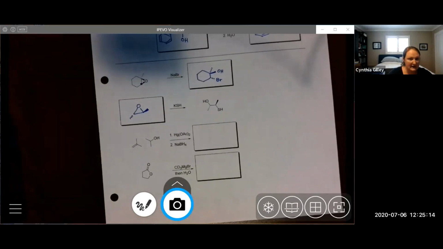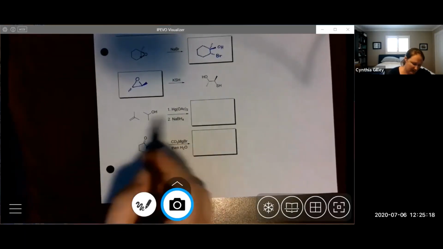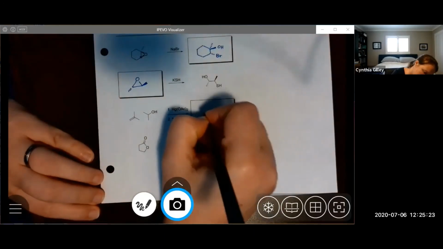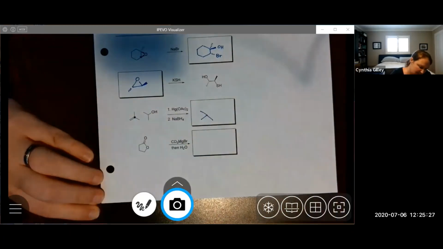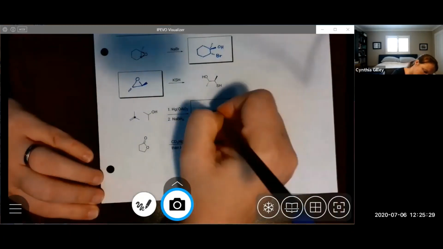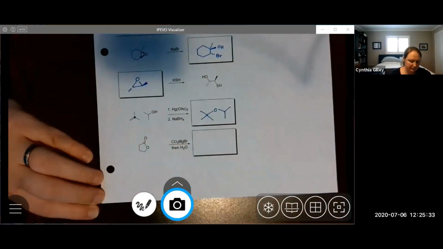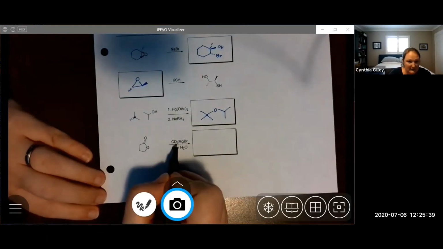This is an oxy, well, really an alkoxy mercuration reaction. So we are going to end up adding the alcohol at the most substituted carbon, Markovnikov. We'll end up with an ether here. And then this is a Grignard reagent with, instead of methyl, CD3.